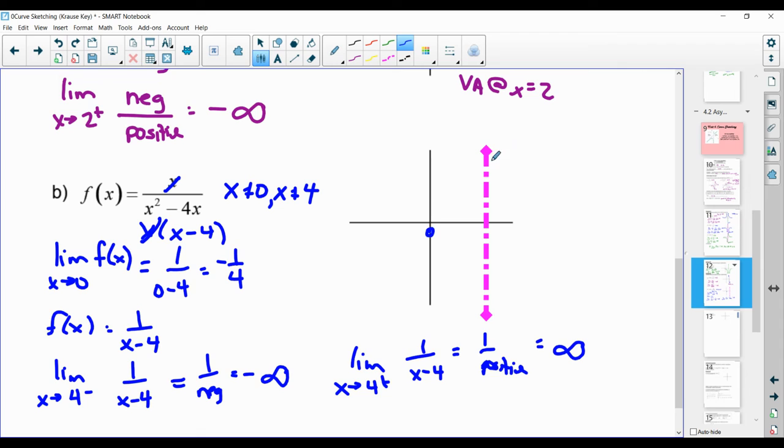The graph will be approaching infinity. And as I'm approaching 4 from the left, my graph is approaching negative infinity. So I've got to have an asymptote, or a vertical asymptote, at x equals 4. And I'm going to have a point of discontinuity at x equals 0, 0, negative 1/4.